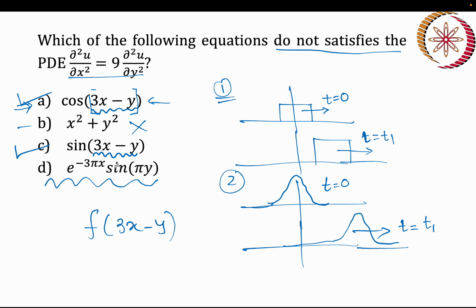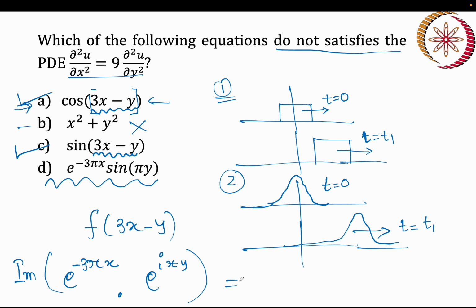Now let's rewrite the remaining option, e raised to minus 3 pi x and sine of pi y. We can write sine in the Euler form, e raised to i pi y, and since we are interested in sine, we can take the imaginary part of this.